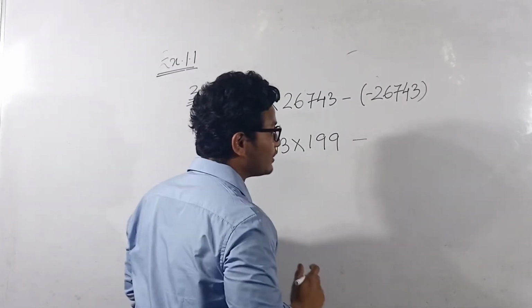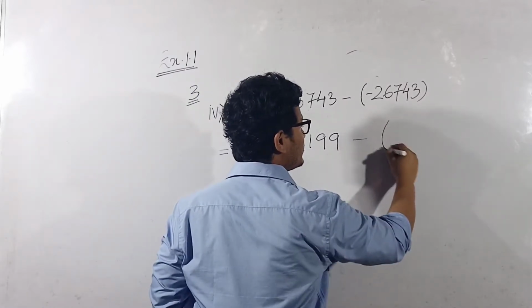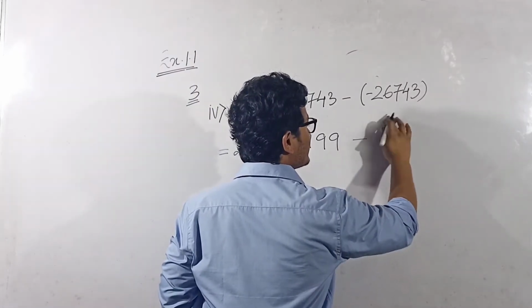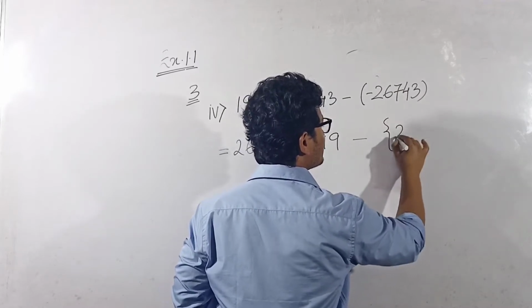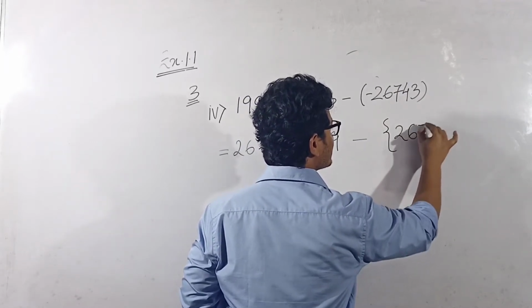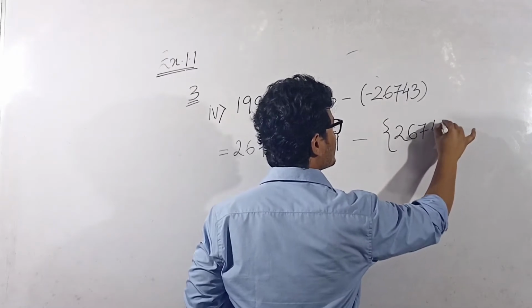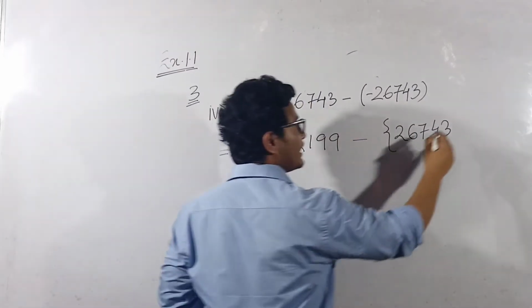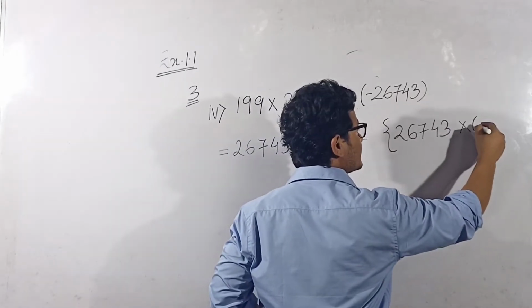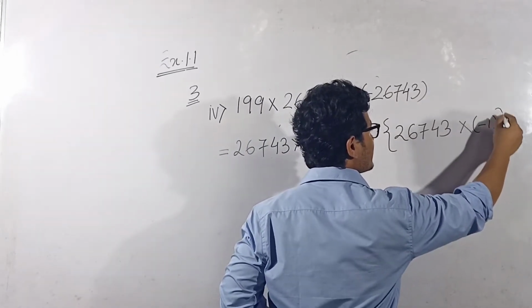Here what kind of trick will we use? First of all we will write 26743 in place of minus 26743. But can we write it as into minus 1?